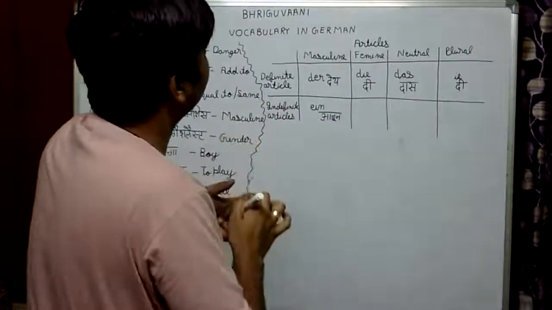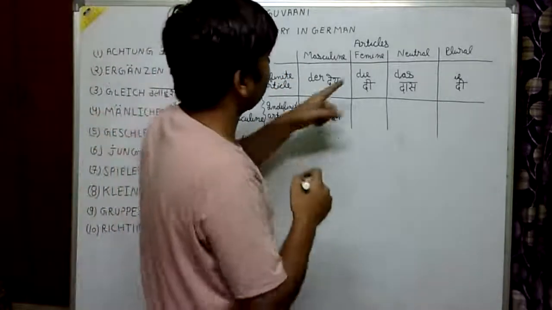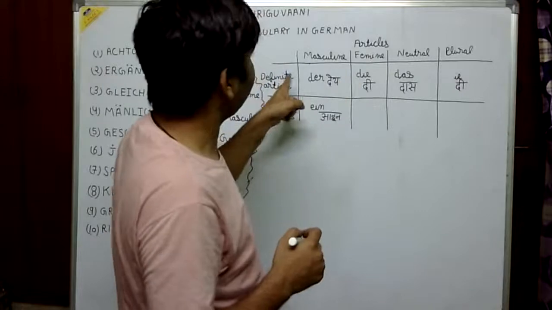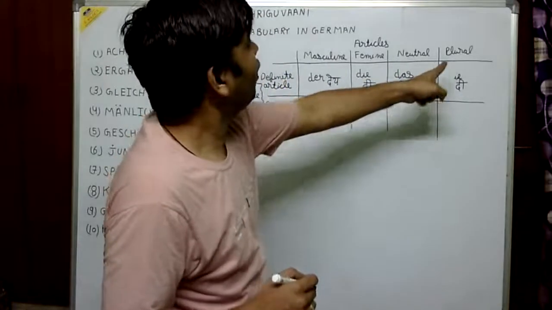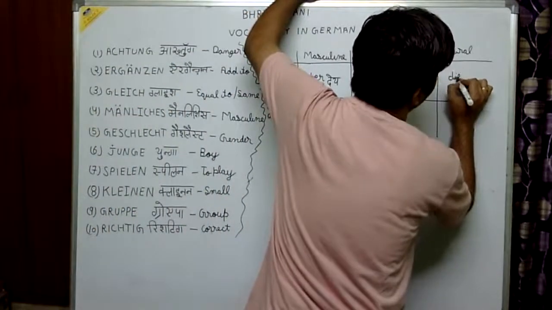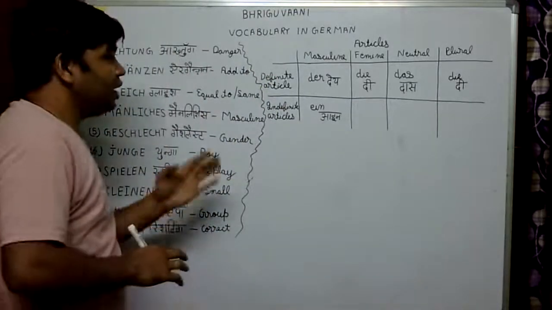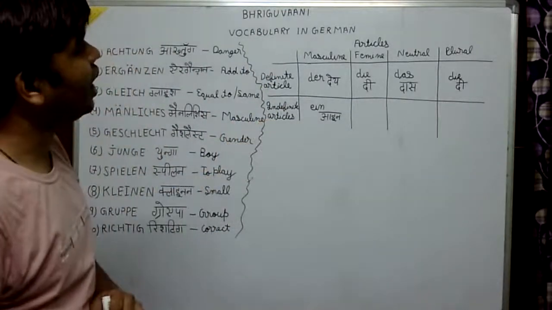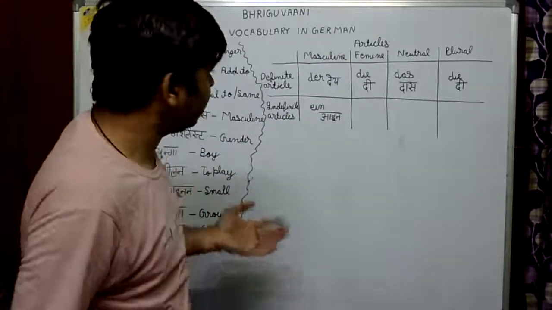So, der for masculine definite, die for feminine definite, das for neutral definite, and for plural definite, we again say die. Small d, small d, small d. And in the case of indefinite articles, what do we say?